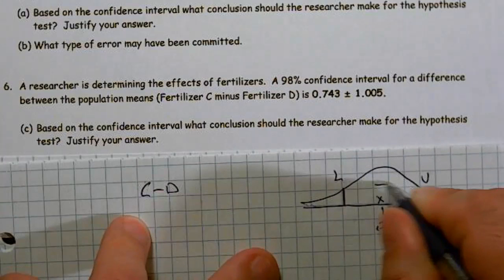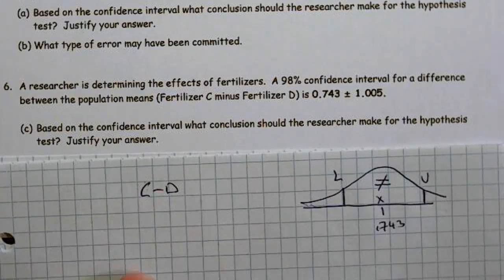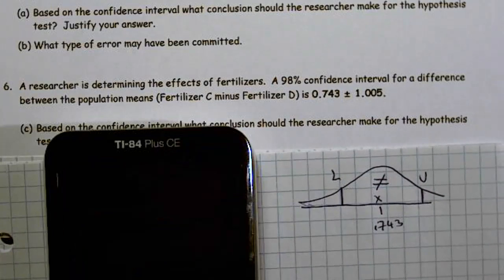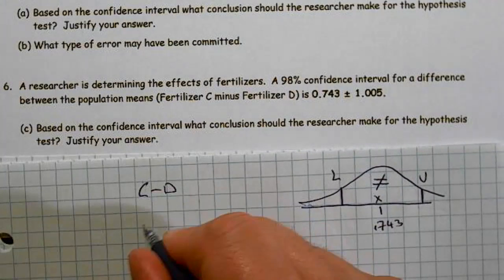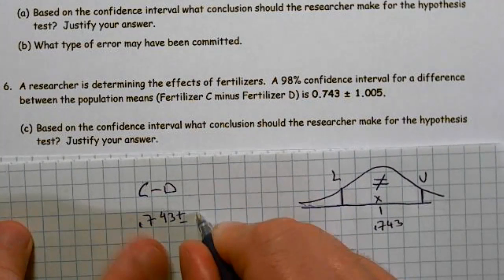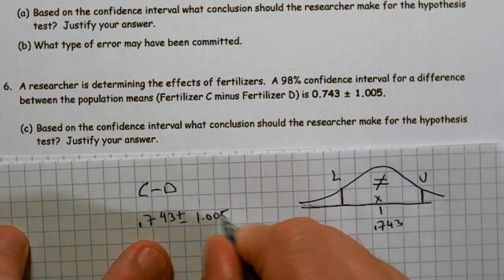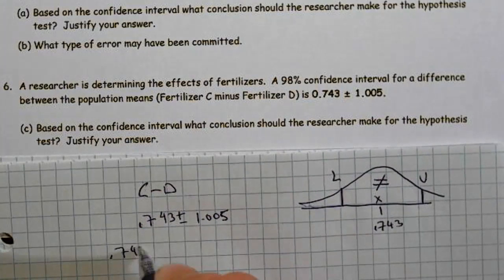And now we're going to try to figure out my lower bound and my upper bound. Remember, all confidence intervals are not equal to. So we're going to take our interval and we have 0.743 plus or minus 1.005. So that means my lower bound is going to be 0.743 minus 1.005.